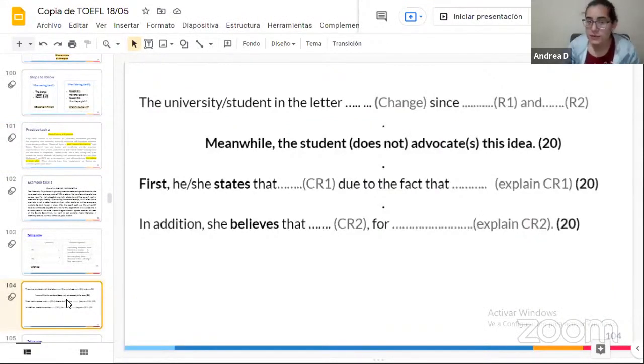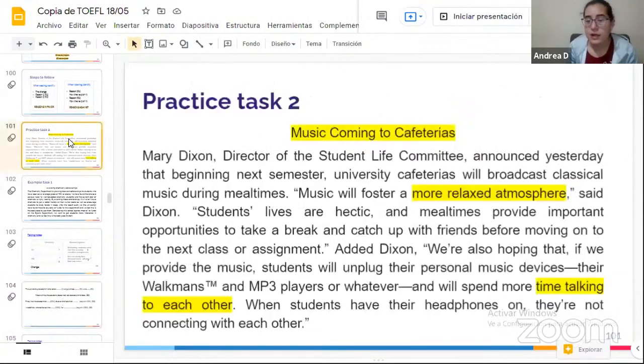Now, believe me, the mistake that I have seen the most here is students getting into details. They're like, so the director of the student committee has announced that they will be broadcasting or playing music starting next semester, because one of the directors said that this will create a more relaxed atmosphere because the students' lives are hectic, and they also said that they want students to not use their MP3 players, and they want them to talk a lot more.